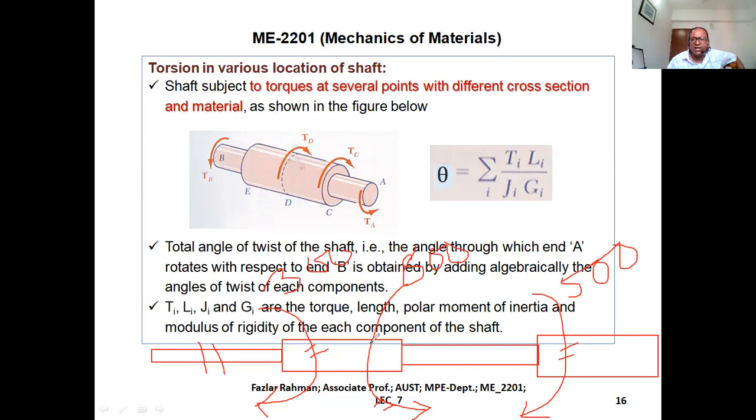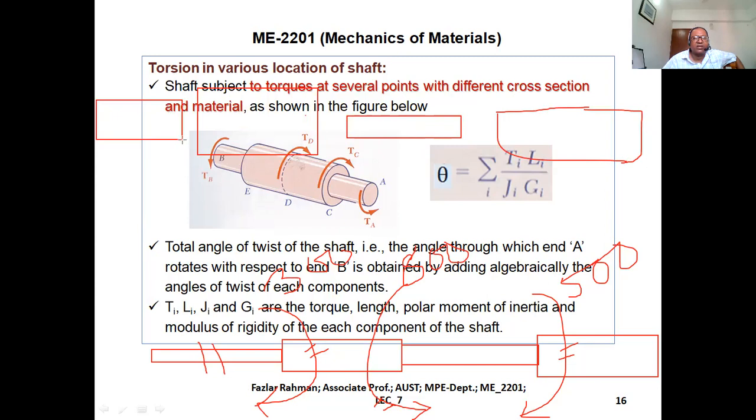So what I'd like to say is that I say we apply this at the joint, but I don't know how much load is over here. Okay, so you need to make a free body diagram like this, shaft on shaft. This is the middle one, then the bigger one, then the other one.